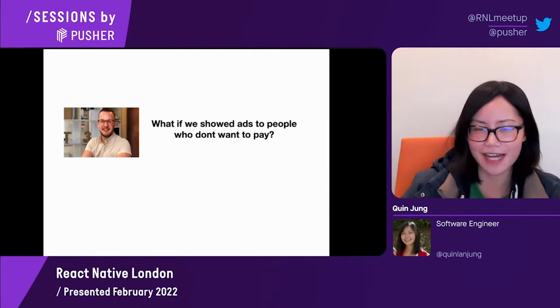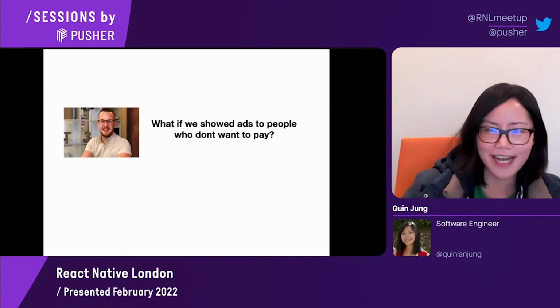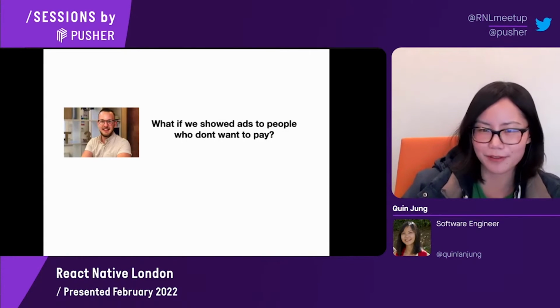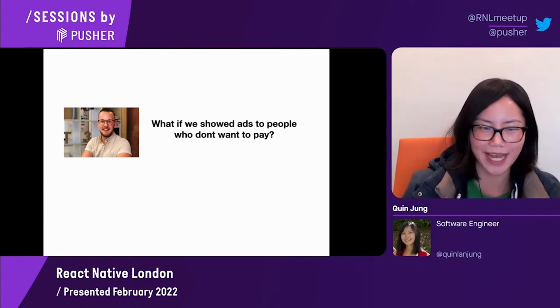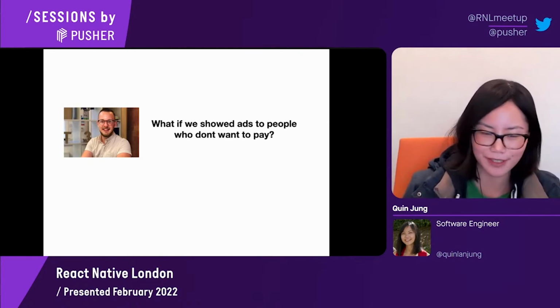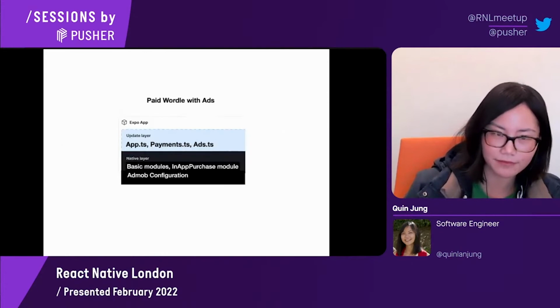So you sit down and you have another big brain idea. You ask yourself, what if we showed ads to people who don't want to pay? You have the best of both worlds because people who don't want to pay will see the freemium app, and people who do want to pay will have a better in-app experience.